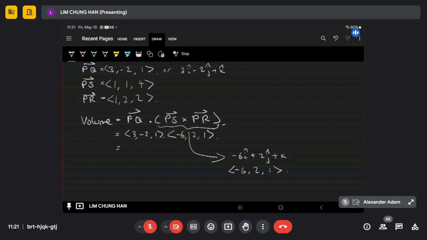I got a slightly different answer. Do you get 21? Who got 21? Yeah, the answer should be 21. You double check. Answer should be 21.